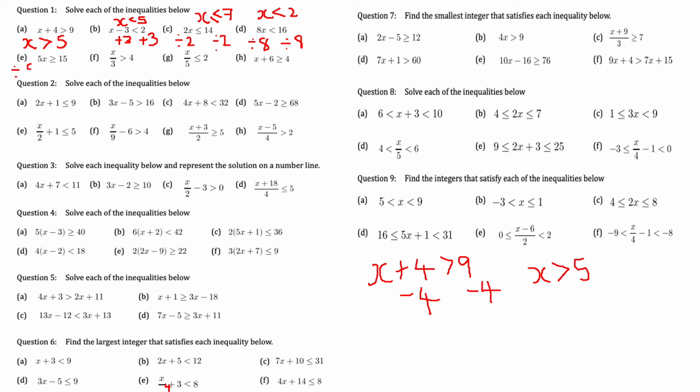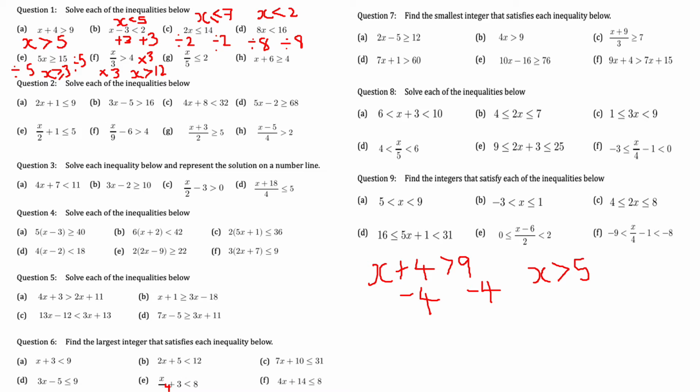Dividing both sides by 5, I get that x is bigger than or equal to 3. 15 divided by 5 is 3. For part F, x divided by 3 is greater than 4, timesing both sides by 3. 4 times 3 is 12. So x is greater than 12.